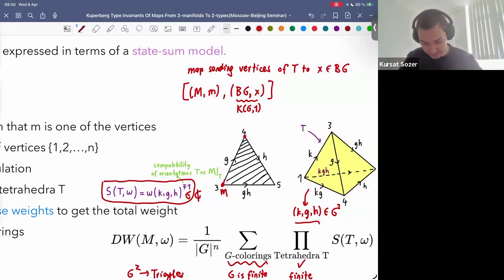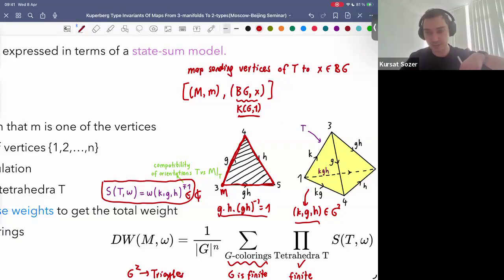Edges go to a loop in BG. That loop is in pi1, and pi1 of this space is G. So this is the labeling. This triangle bounds, which precisely means that if you go along the boundary of this disk, you need to get g h inverse equal to 1. That is one of the motivations you can think of. This circle bounds a disk, which is why, when you go around the boundary of this disk, the pi1 element should be trivial.